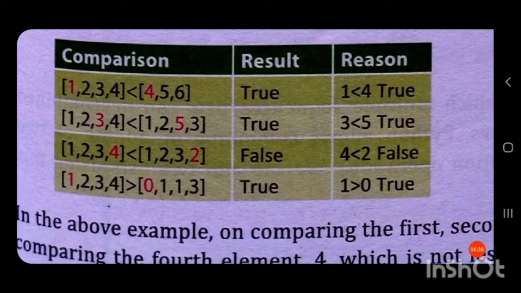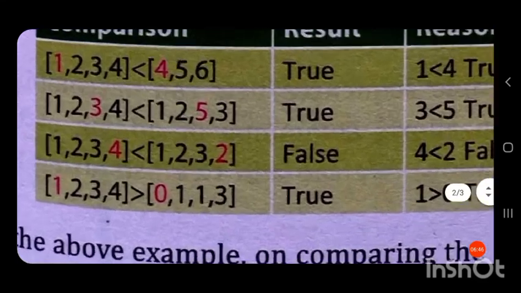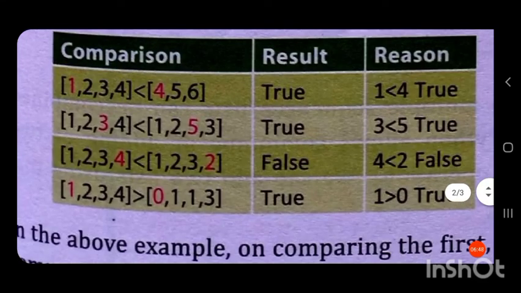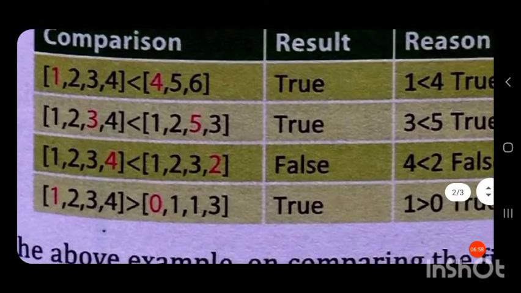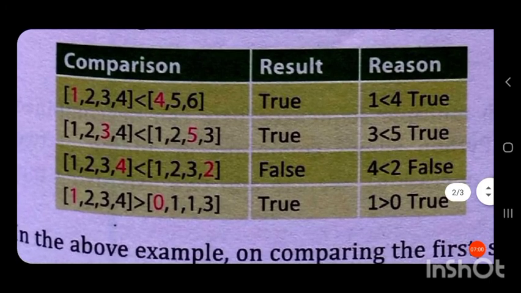In this, the first element of the first list is 1 and the first element of the second list is 4. Now Python will check whether, as the comparison operator used is less than, 1 is less than 4. So here 1 is less than 4, so it will directly return true.